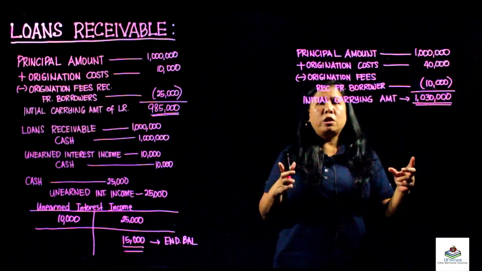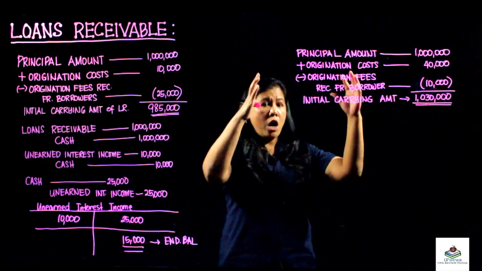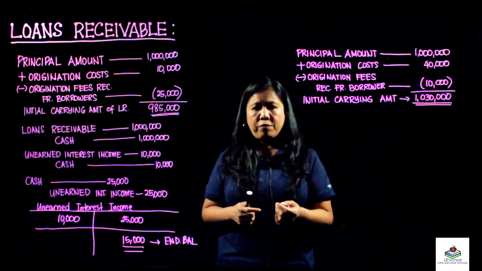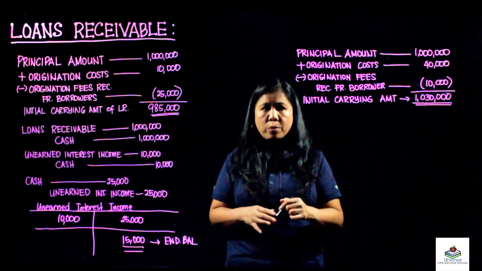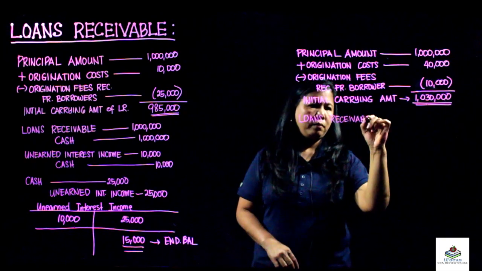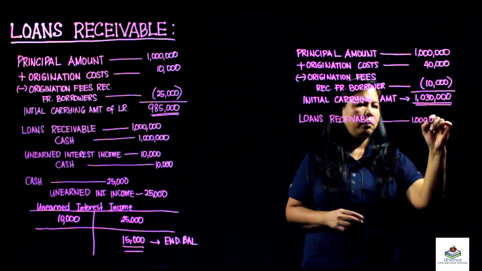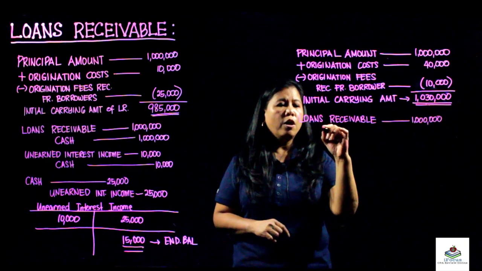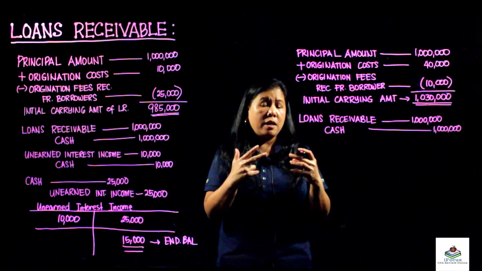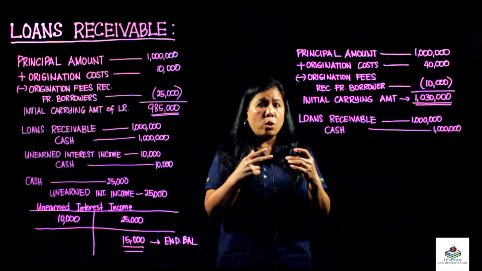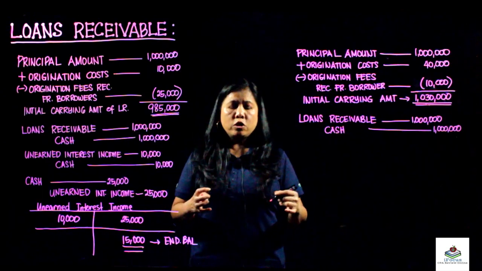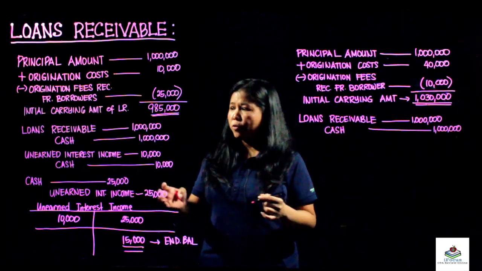So let's do the journal entry on this example. On the principal amount that we granted to the borrower, our entry will be debit to loans receivable of 1 million and credit to cash of 1 million. The origination cost is greater than the origination fees charged to the borrower, so we will charge this into a different account.